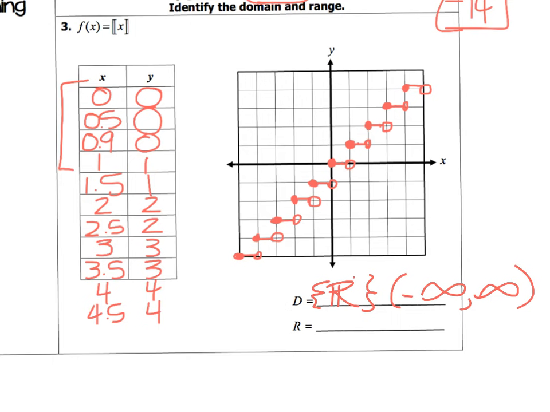So if you're thinking bottom to top here, right, y values bottom to top, we skip over a lot of values because from here to here, we're not including these values, we're not including these values, we're not including these, right? We're only including whole numbers. We're only including y equals 0, y equals 1, y equals 2, y equals 3, y equals 4.